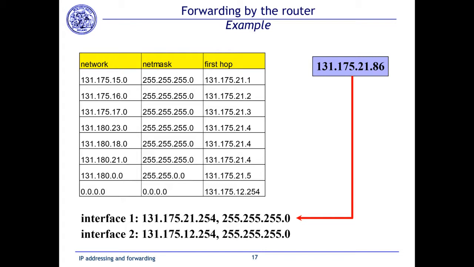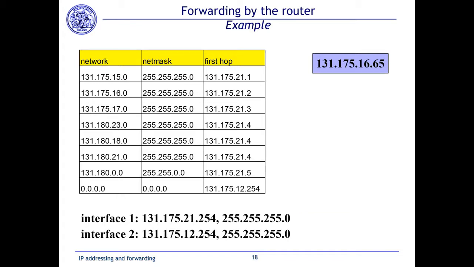So this packet is sent in direct mode, direct forwarding towards interface 1. And that is enough, so you don't use the lookup in the routing table for this packet.